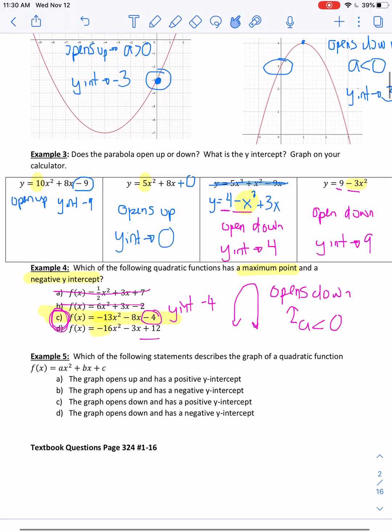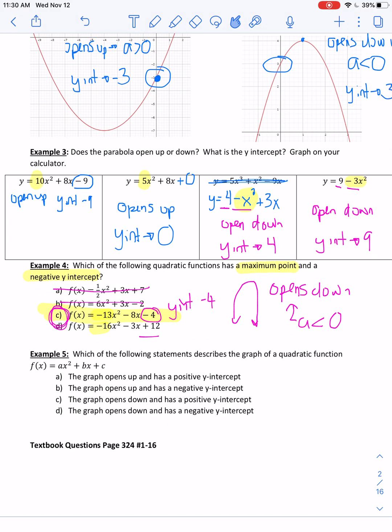Last question. Which of the following statements describes the graph of a quadratic function f of x equals ax squared plus bx plus c? So in this case, in order to end up here, the graph opens up and has a positive y-intercept.